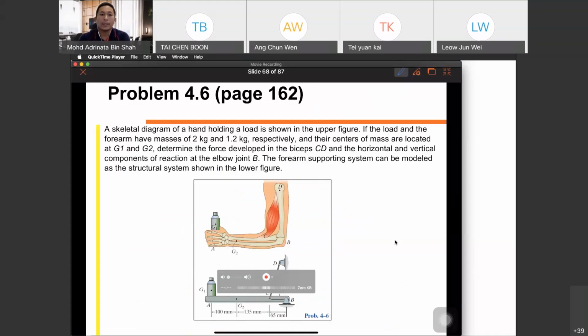A skeletal diagram of a hand holding a load is shown in the upper figure.